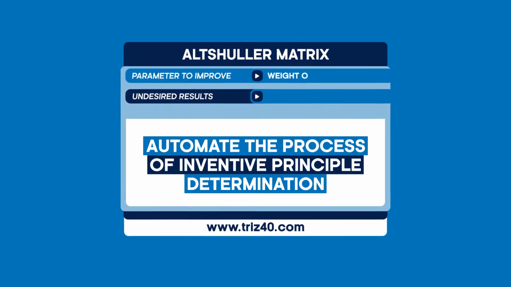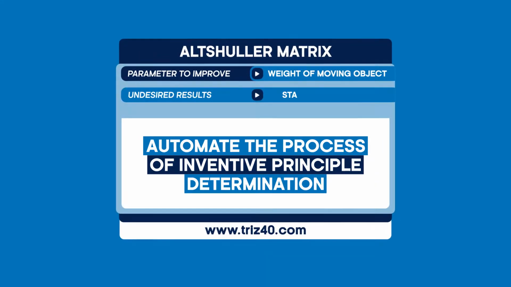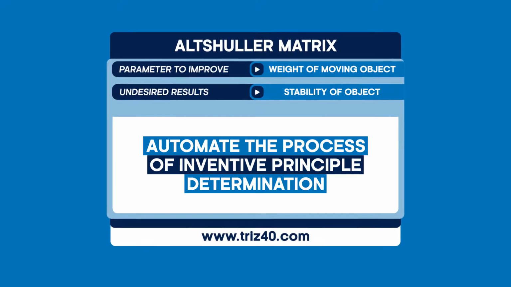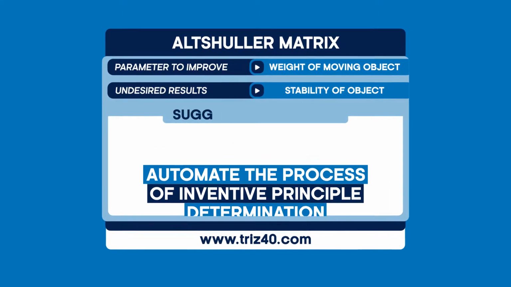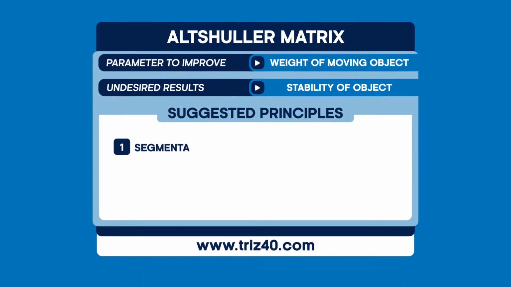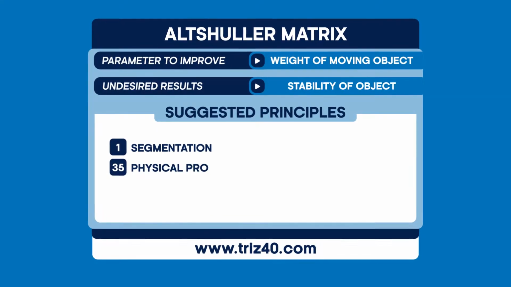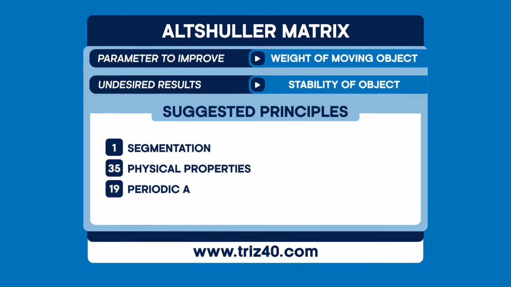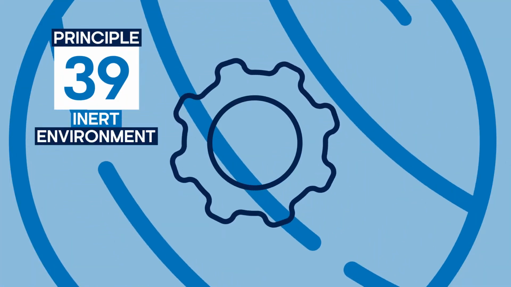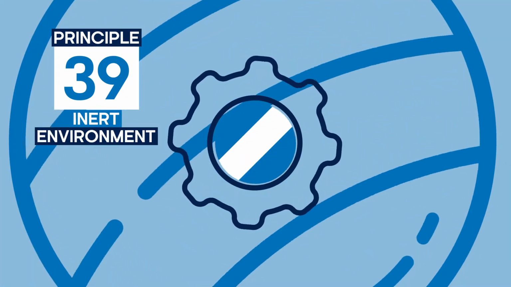In the example with the motorcycle, improving the parameter of weight leads to a contradiction with the characteristic of stability. Altshuler's matrix proposes 4 solutions to this contradiction: segmentation, physical or chemical properties, periodic action, and inert environment. Some of these are irrelevant to a mechanical system, for example, moving to an inert environment.